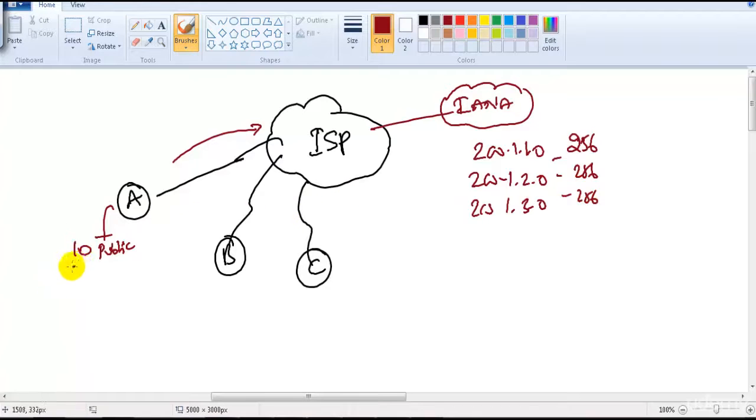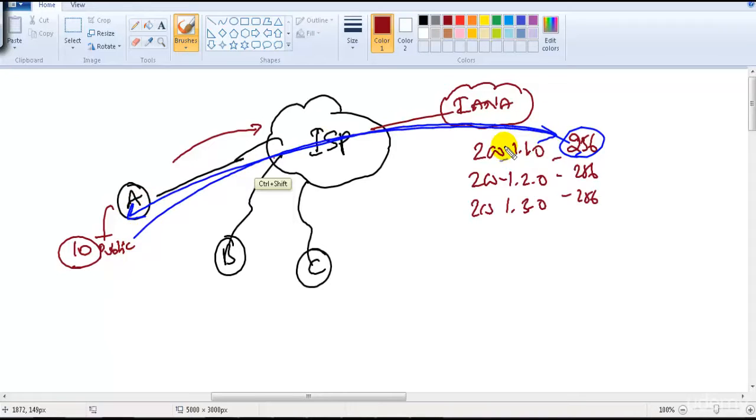Now the requirement here is just 10 IPs. Is it possible to give all 256 addresses to the customer when he is asking for 10, and will the customer pay for all 256? Both are not possible. I'm using the smallest possible size, but it is not going to meet my small requirements.